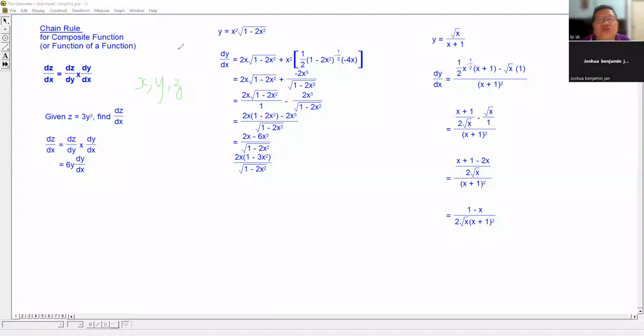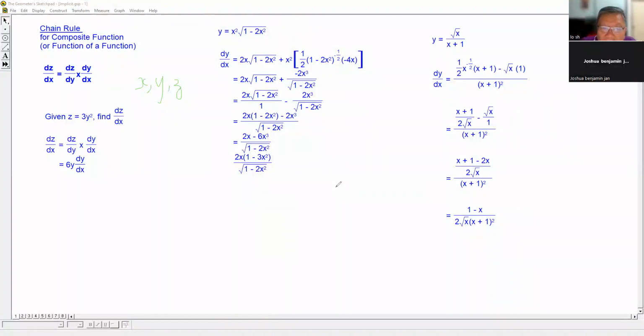You want to differentiate with respect to x, or you want to differentiate with respect to y, or you want to differentiate with respect to z. You have to tell me because there are so many variables, right? Earlier on, when we do this type of question, everything is x, or maybe there's one y here. Everything is in terms of x. So when you differentiate with respect to x.